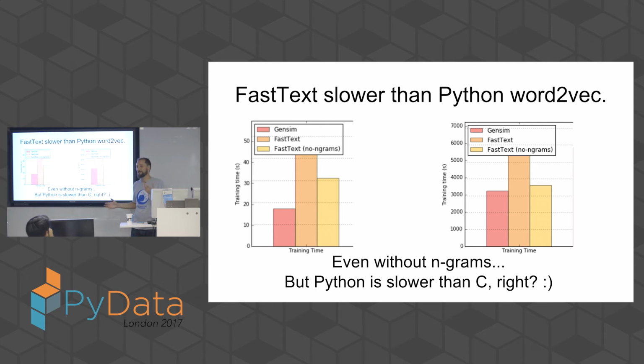And actually C is perceived as a faster language than Python, but somehow Python runs faster. Even if I disable all the n-gram features, if I just say the maximum subword length you should use is 0, and just do word vectors for each word, somehow C is still slower than Python. And PyData, I'm happy to share this with you. It's not by much, but it is still slightly slower.